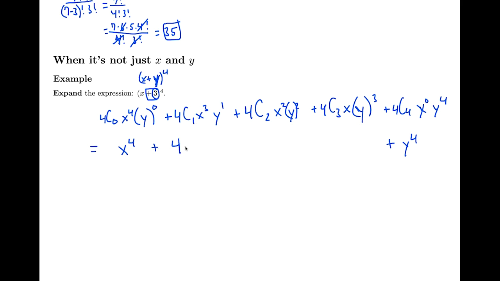The x cubed we can write as x cubed, but these y's are no longer y's. Actually, this y is now a 3, this y is a 3, this y is a 3, this y is a 3, and this y is a 3. So 3 to the 0 is equal to 1. But 3 to the 1 is equal to 3.